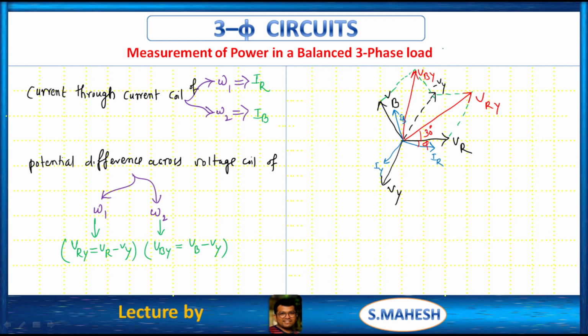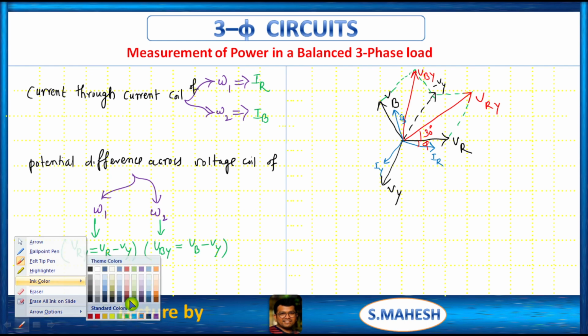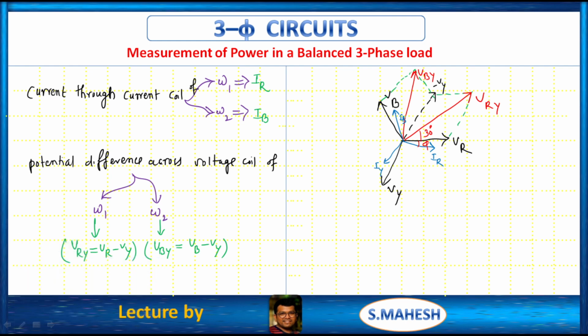Then tell me, what is the phase angle between line voltage and line current? Like that, Vby and Ib. We know that between Vby and Vb is 30 degrees, right?